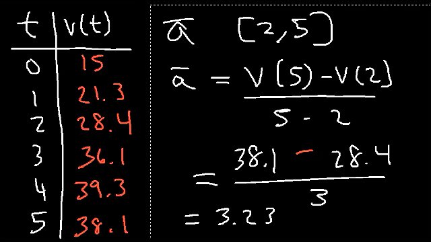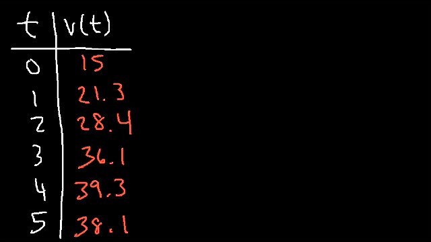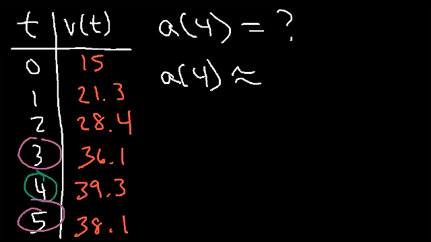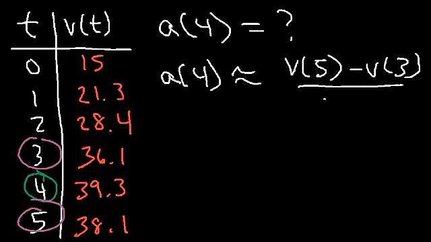Now, how can you approximate or estimate the instantaneous acceleration at t equals 4? So if you want to find the instantaneous acceleration at 4, calculate the average acceleration between 3 and 5, where 4 is the midpoint of 3 and 5. So a of 4 is approximately equal to v of 5 minus v of 3 over 5 minus 3.